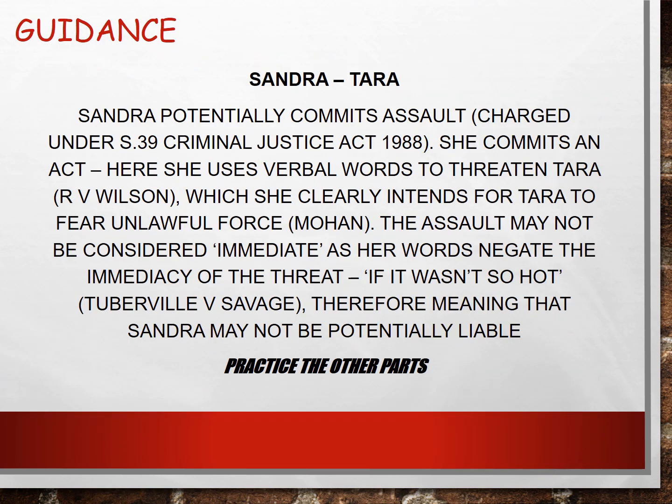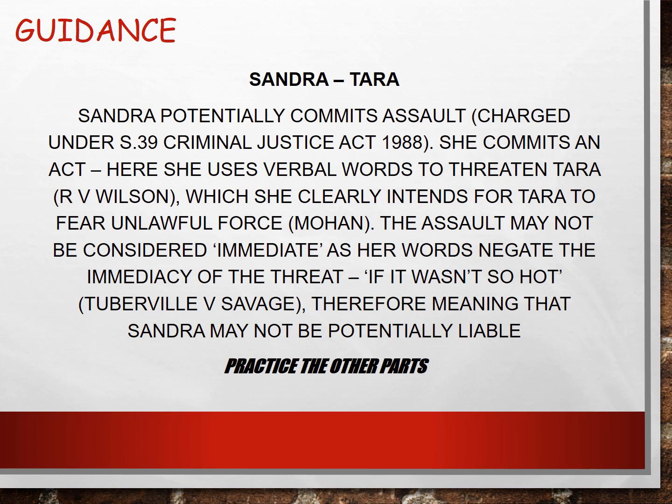So I've put a bit of guidance together for you. So the first part, I've put a little bit. So Sandra potentially commits assault, charged under Section 39 of the Criminal Justice Act 1988. She commits an act. Here she uses verbal words to threaten Tara.